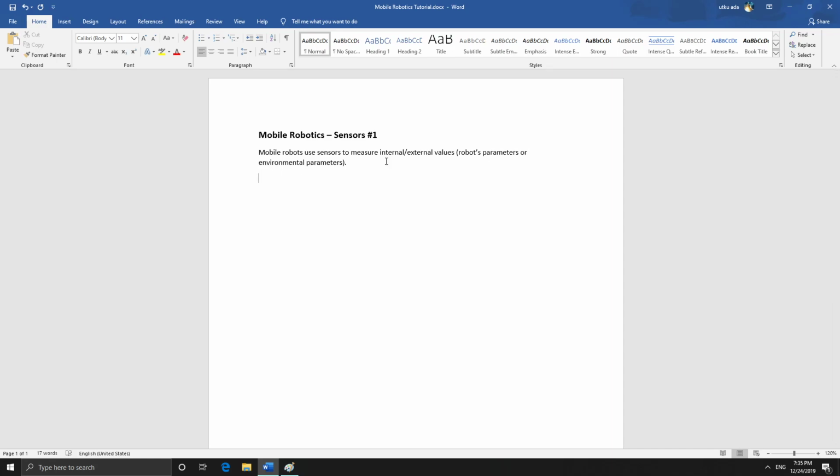And sensors basically allow the robot to increase its productivity, flexibility, safety, and efficiency, time efficiency basically.